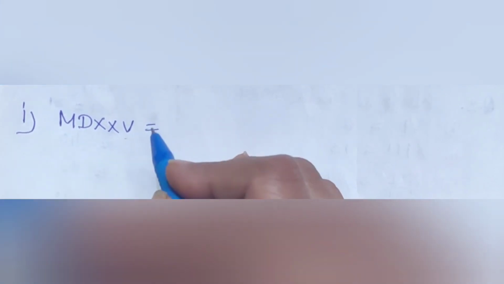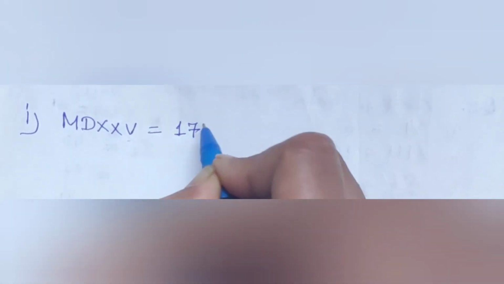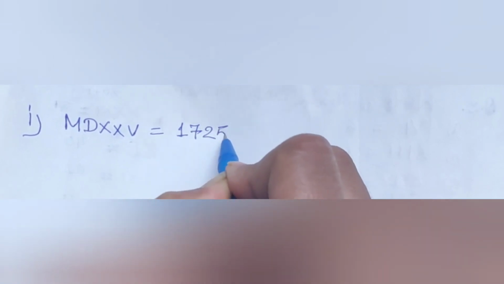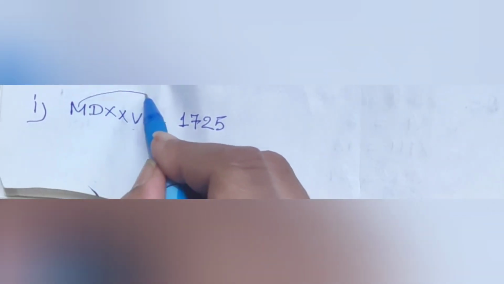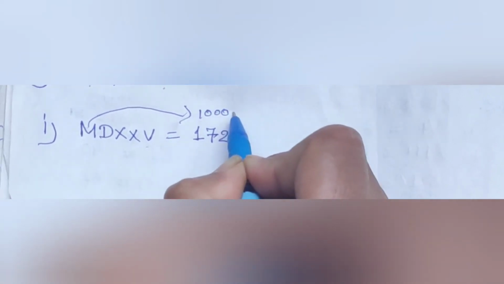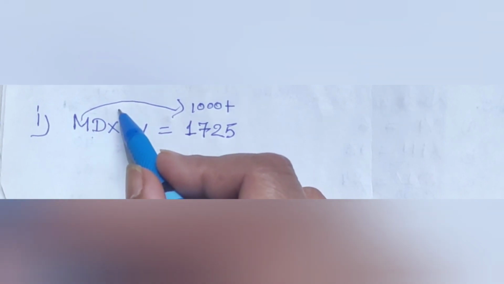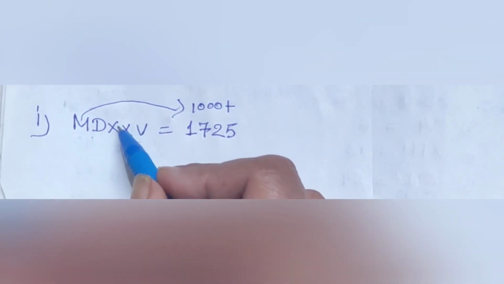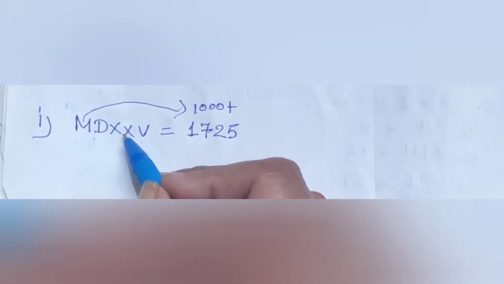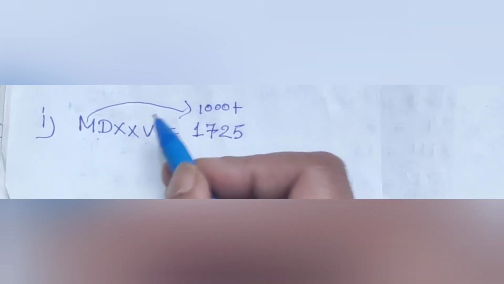In MDXXV, that is equal to 1725. M is equal to 1000, D is equal to 500, X is equal to 10, and here X repeats 2 times, so its value is 20.